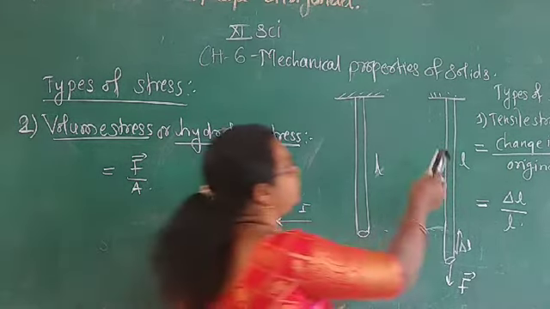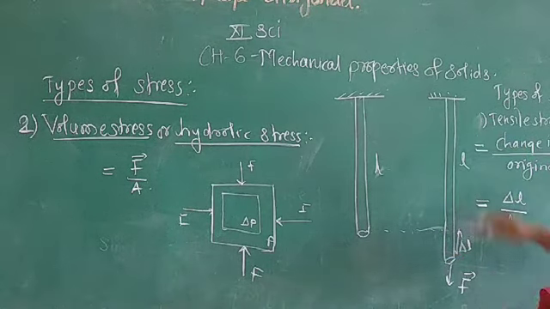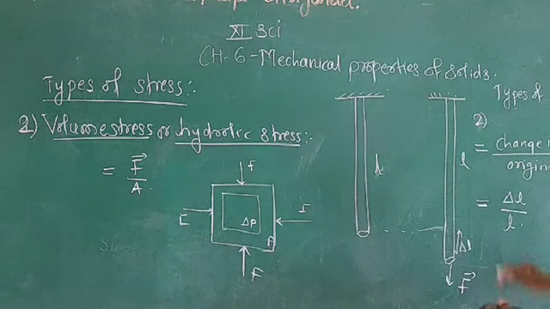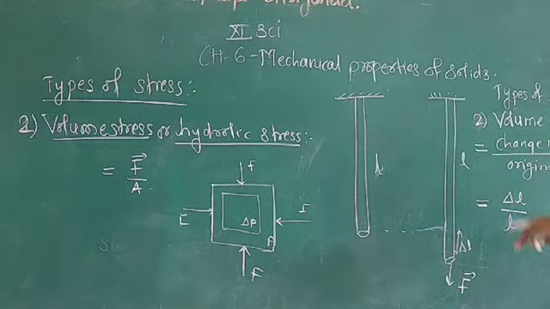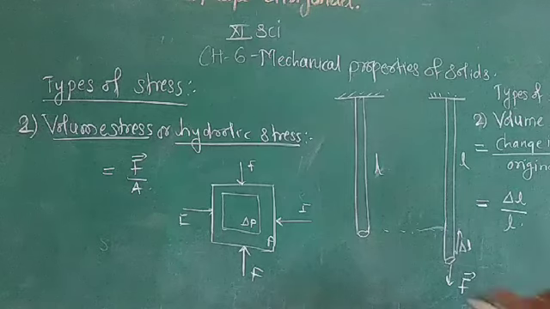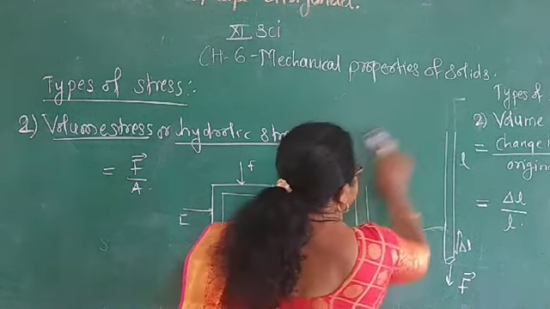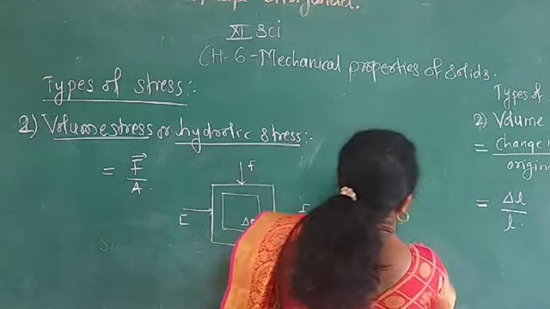Then the second one on this side, volume strain. What does it indicate? It also indicates change in dimension to the original dimension. In this case, this example is also important.